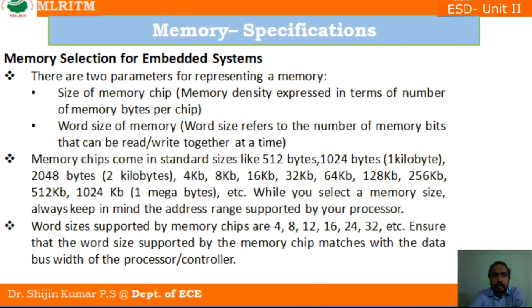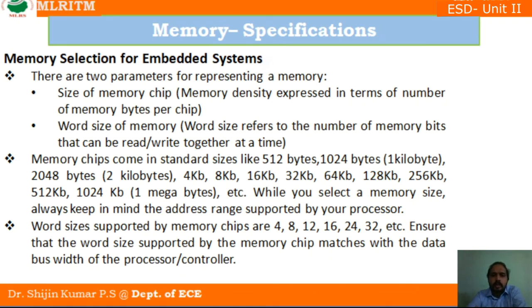So using 2 raised to 20 addresses we can access only 1 megabyte. Okay, so before selecting a memory, we have to consider the range or the number of memory locations the processor or controller can access. If you are not considering that thing, that memory is useless.